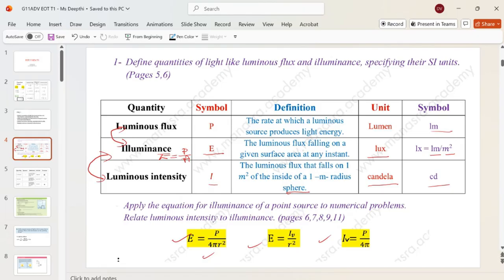Memorize it. And the third one, connecting luminous intensity and the flux, that's also not in the equation sheet. So I, V and P, that also you have to memorize. Memorize the 2 equations so that you can solve the problems quickly and easily. If you want, you can take a screenshot of this page.